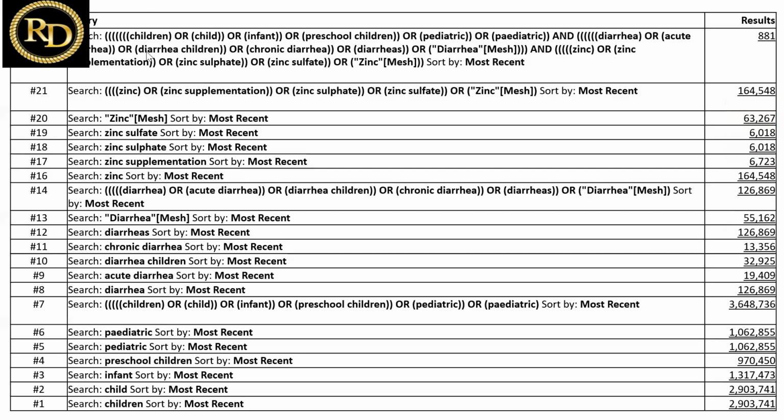Here you can see I've used child and the child synonyms, then diarrhea as well as all the synonyms, and then the intervention. So these are 3 different concepts. From number 1, I started entering my search terms. Then I combined the first concept in number 7.